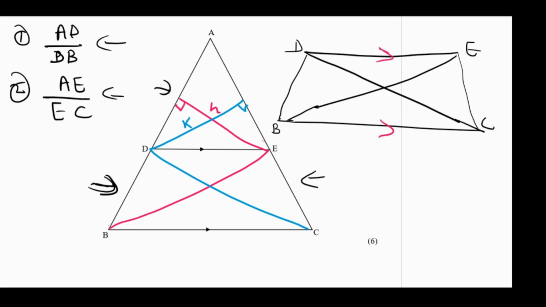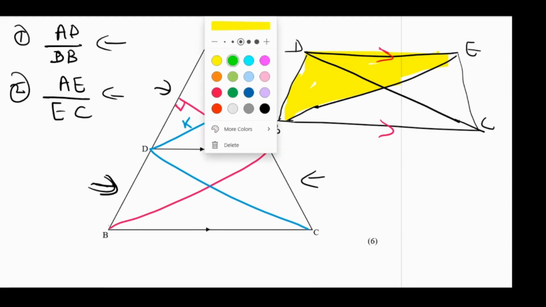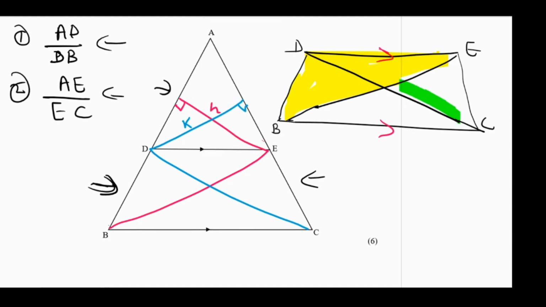So when you have parallel lines and the triangles, this triangle here, the one that I just shaded, this triangle DEB, is sharing the same base with the other triangle. I'm just going to shade in green. This triangle here, they share the same base. The base is DE.